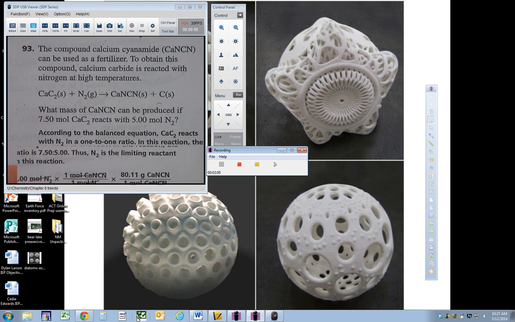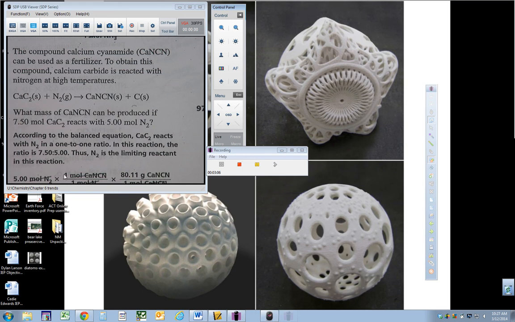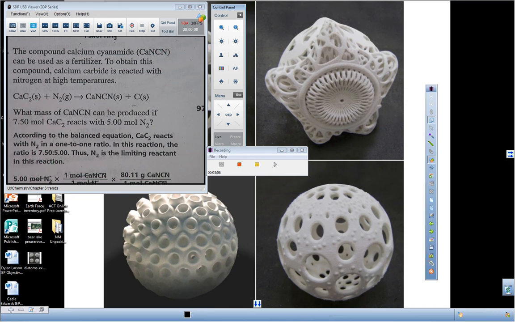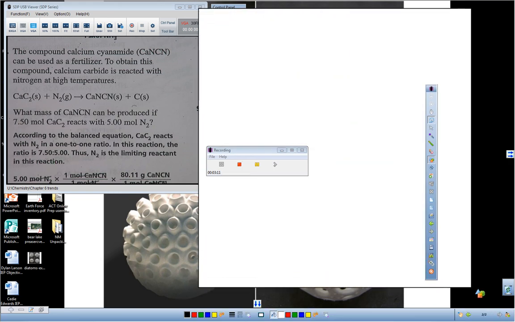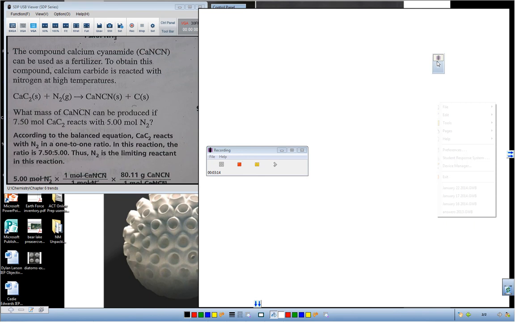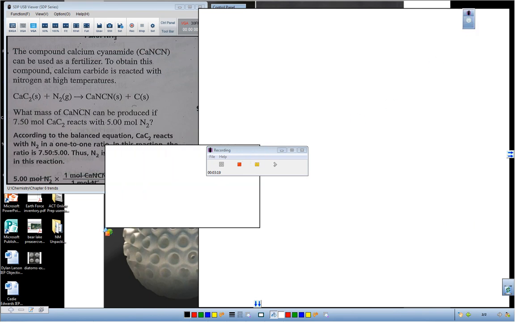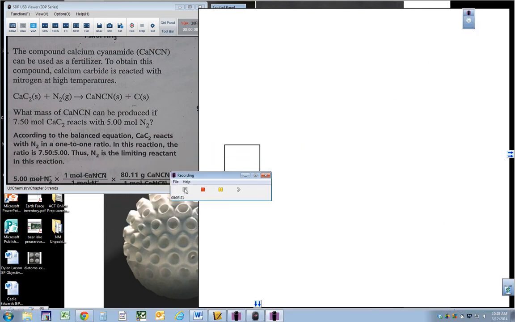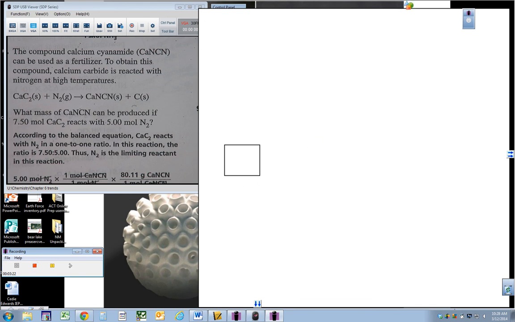What's another way to do this problem? You will still have to use that molar mass at the end.